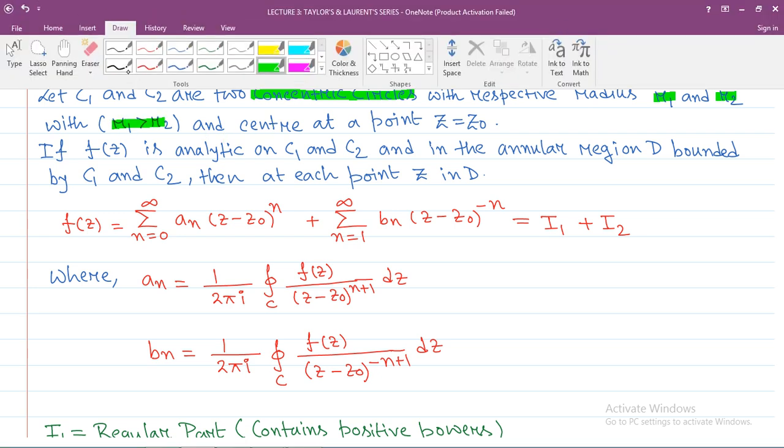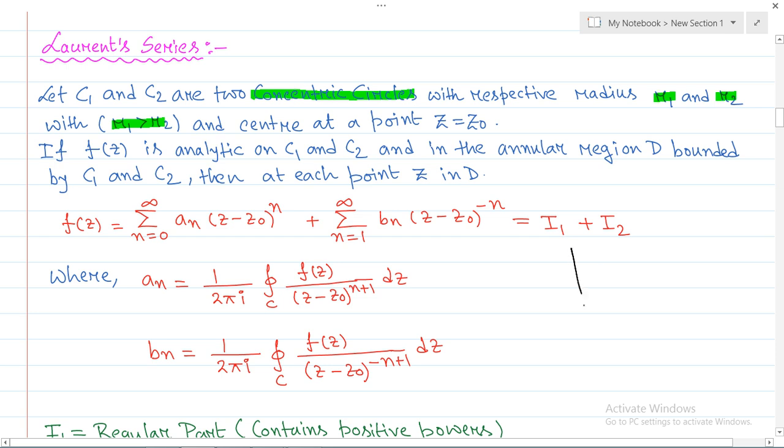So let us try to draw the region first as per the given information. We have the real axis as well as the imaginary axis here. Now we have to draw two concentric circles. Say this is the first circle and this is the other circle, both taken with center z equal to z0.